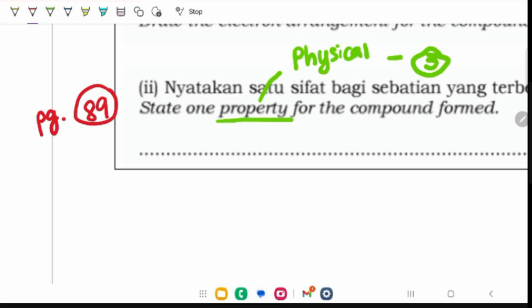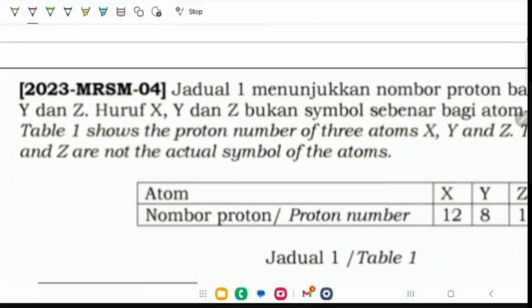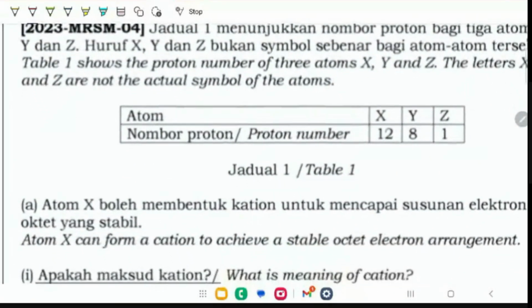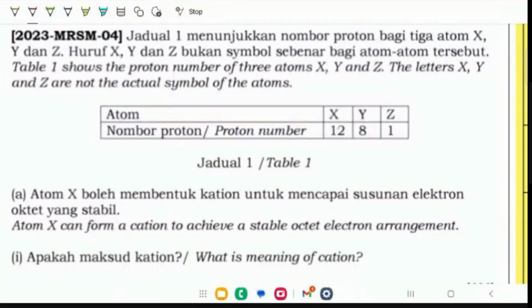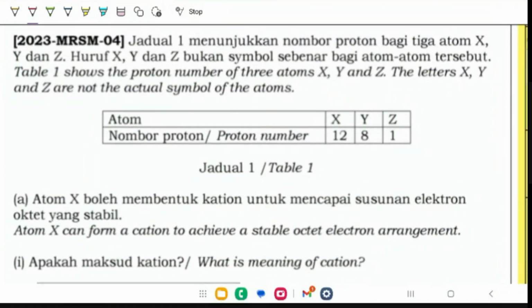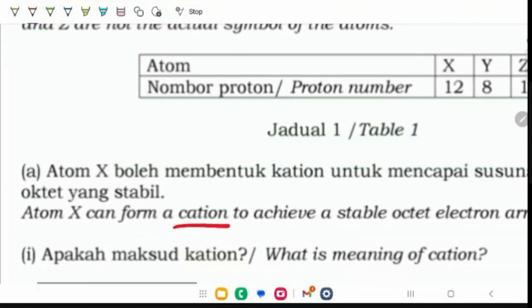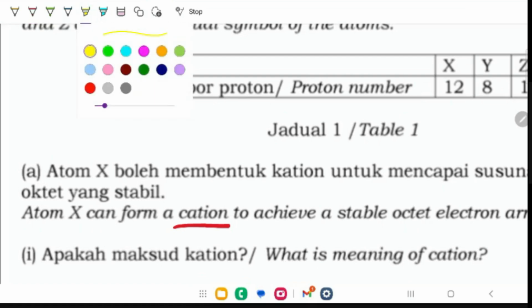Okay, next we look into MRSM. Table shows the three elements X, Y, Z. Now X can form cations. Cations is positive or negative, class? Anyone know? Negative, it's reverse.